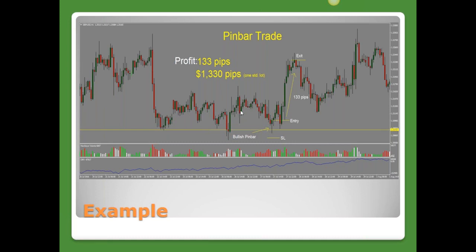If it's a red color and you're looking to go short, it just increases the odds of that working out. But see over here, this is green, but it still plays out. So it depends. Generally, I would say do some back testing.